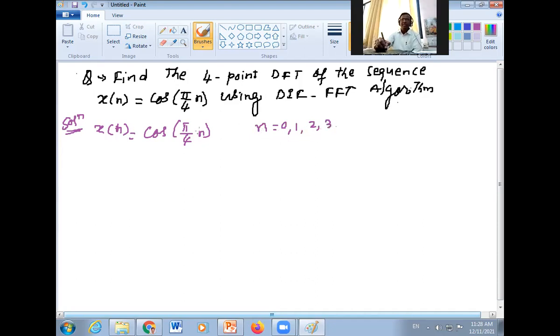By substituting the value of n in this equation, at n equals 0, cos 0 is 1.